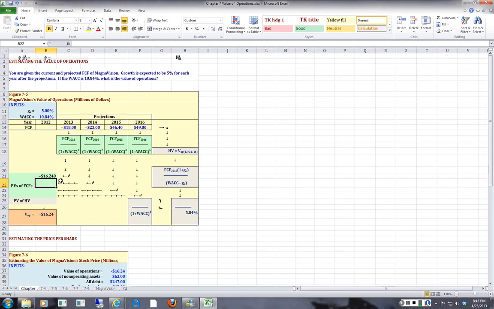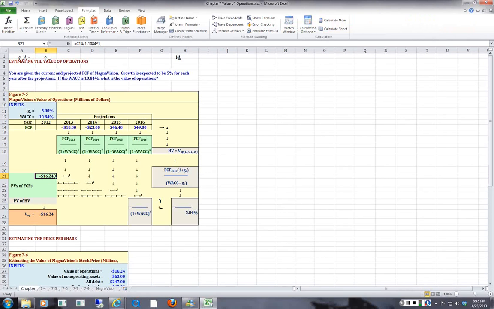It's 16.240. I just screwed up a little bit there, but you take that minus 18 and divide it by 1.1084 to the first power.